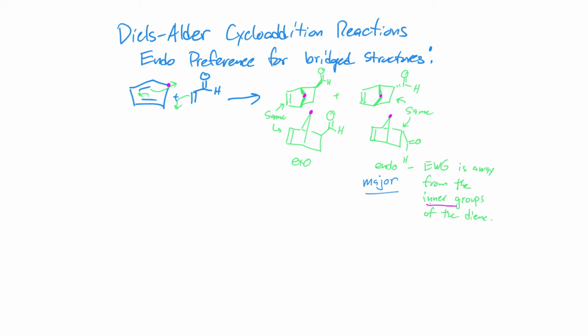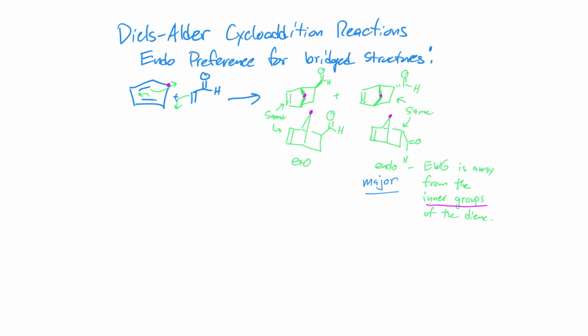The inner groups are in fact that purple carbon that I identified at the beginning of this talk. So the inner groups of the diene are the ones pointed into sort of the C portion of the diene. The outer groups would be the hydrogens that are right here and right here. And so you can see that the endo has the aldehyde or the electron withdrawing group away from the inner groups of the diene. And that's just a little mnemonic that you can remember to help you draw the endo product of future Diels-Alder reactions.